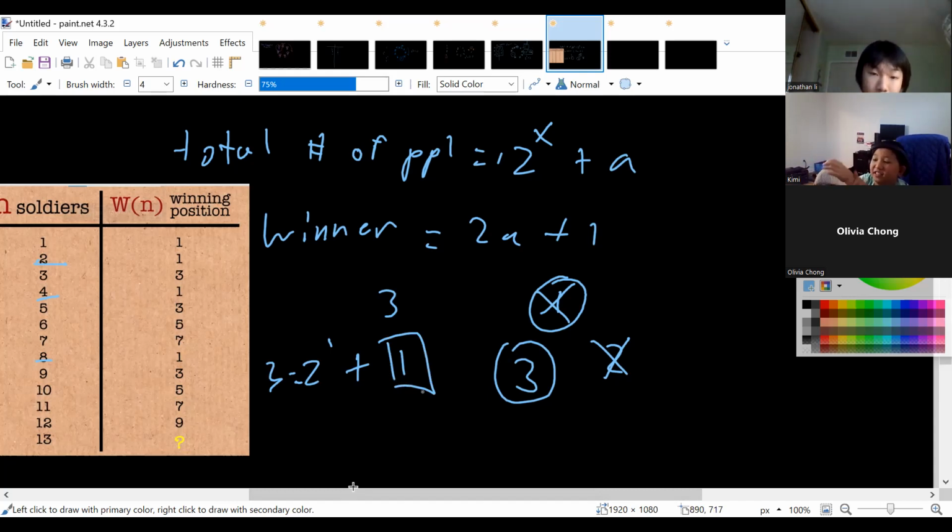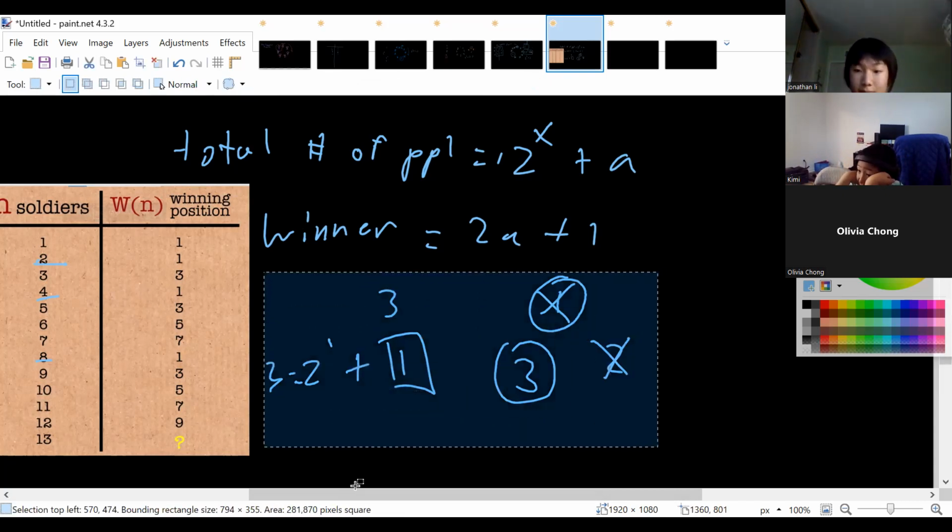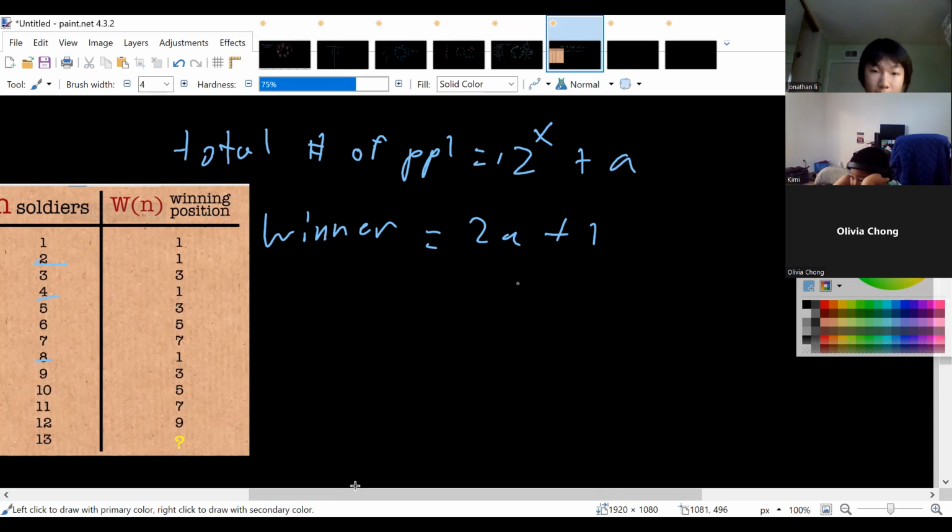This does not make sense. But can we try 5? 5 ends up with 3, but it does not make sense. So how would you write 5 in this form? 2 to the power of 2 is 4, and 4 plus 1 equals 5.